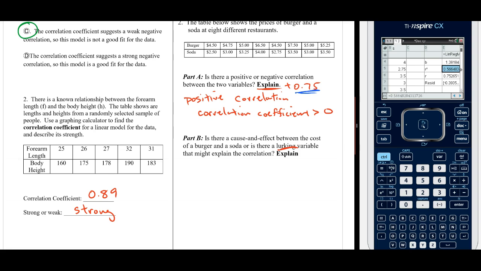So soda might cost different values based on location, like whether you're buying it at a McDonald's or a QuikTrip or a fancier restaurant. So those would be things like lurking variables. So not cause and effect. There is probably a lurking variable.